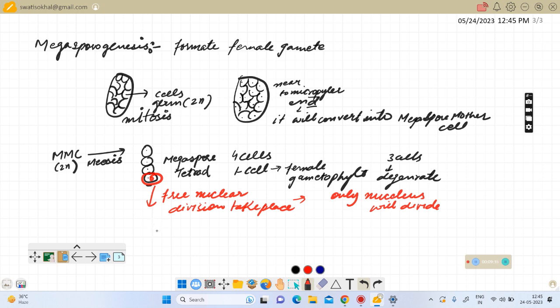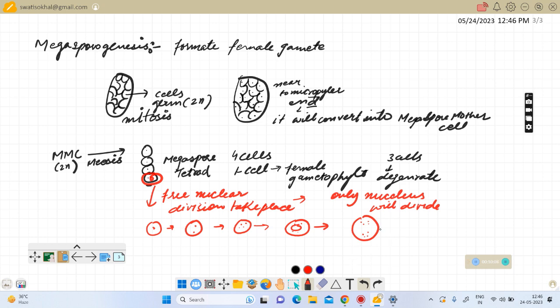So this cell converts into two nuclei, then into four nuclei. Then, beta, a vacuole comes in between, and it divides into eight nuclei. This is the free nuclear division.